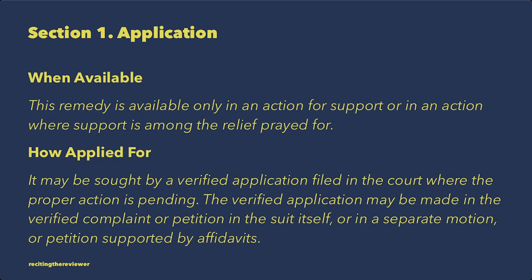So remember that an action for support, as well as an action where support is among the relief prayed for. Okay, and how do you apply for support pendente lite?